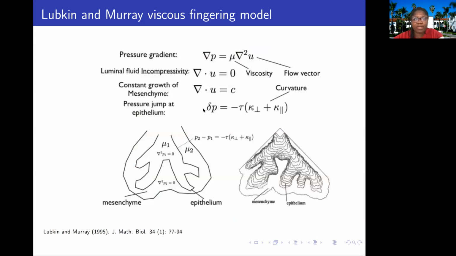This is the model by Lubkin and Murray, where mu1 is a fluid with a different viscosity, which is the epithelium, and the mesenchyme is modeled as a fluid with a different viscosity. The results show the epithelium and the mesenchyme, and you begin to see the branching, which is caused by viscous fingering.